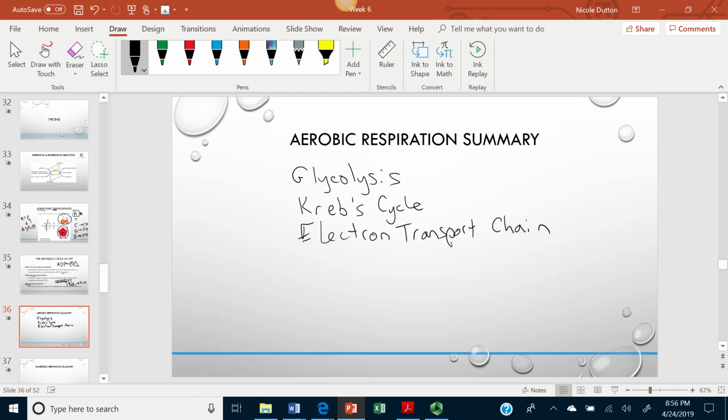Overall, we end up with 36 to 38 ATP per glucose.